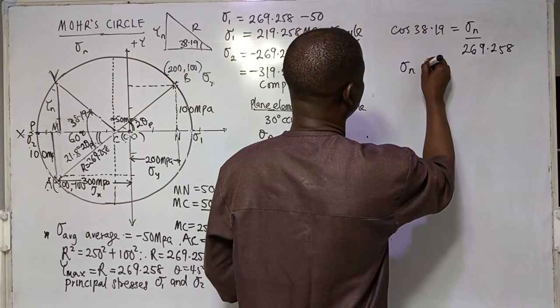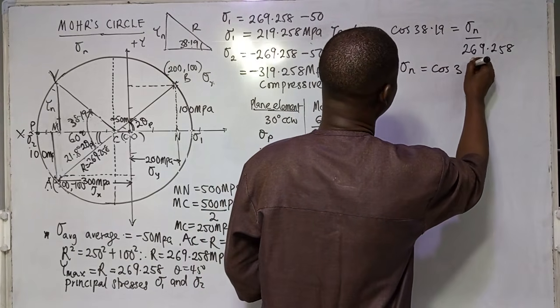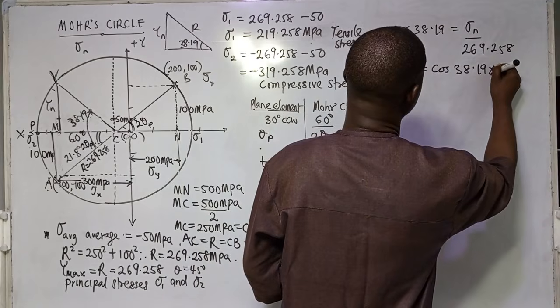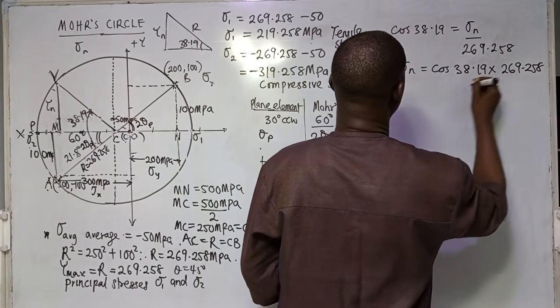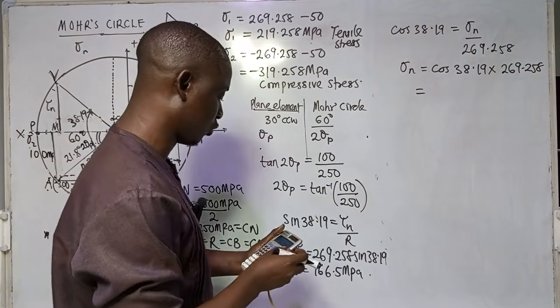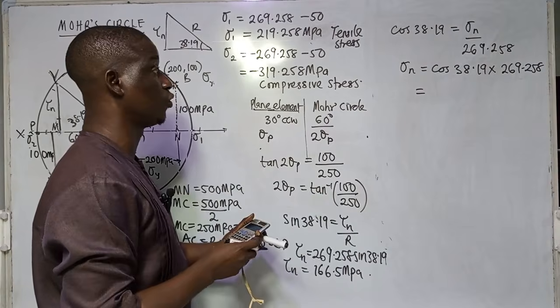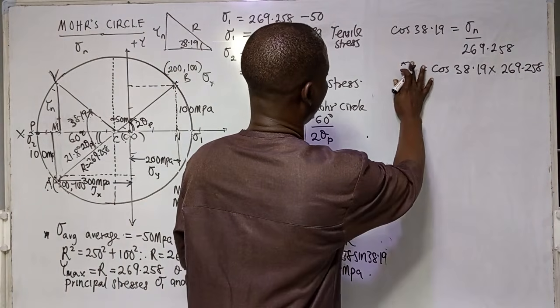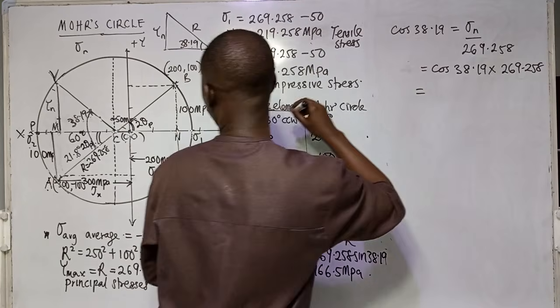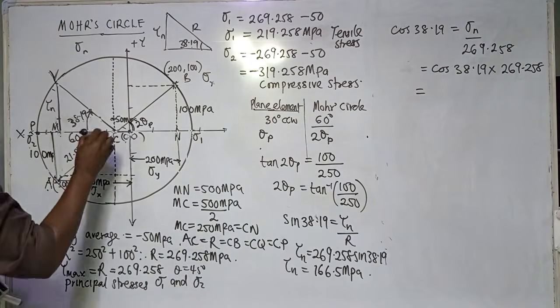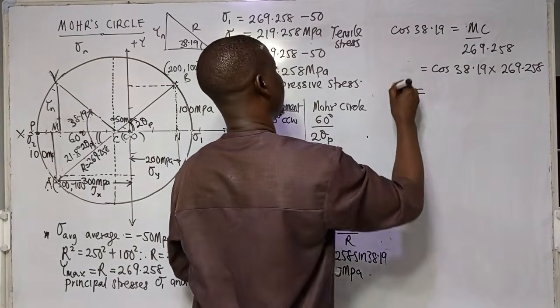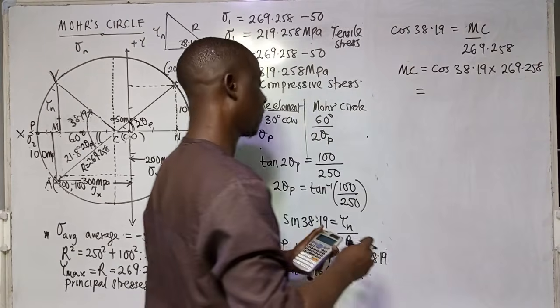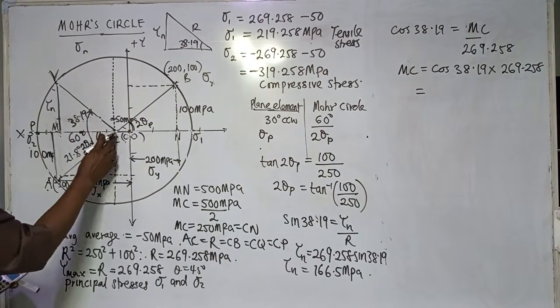So this one will now give us cos 38.19 times 269.258. That will not give the normal yet, but let's call this one MC first.